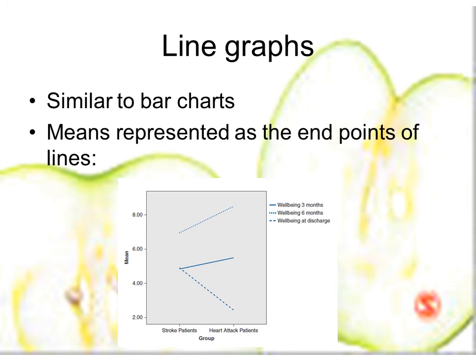And then when we come down to the very end, the mean heart attack patients, we're looking at starting at about 2, and we're increasing at about 5. Once again, these are pretty easy to follow. Just know, once again, with your line graphs, you generally are not going to be looking at continuous data. You're going to be looking at categorical data.